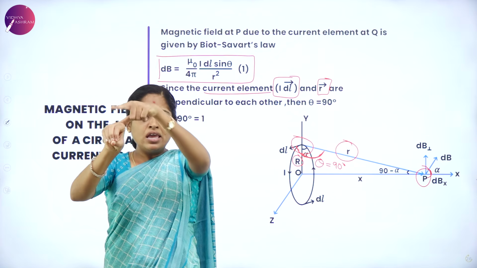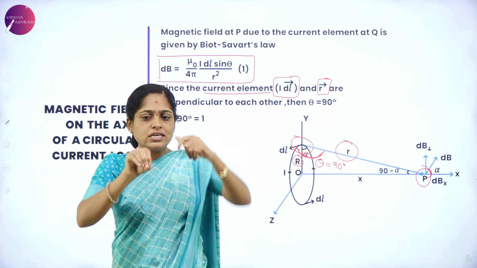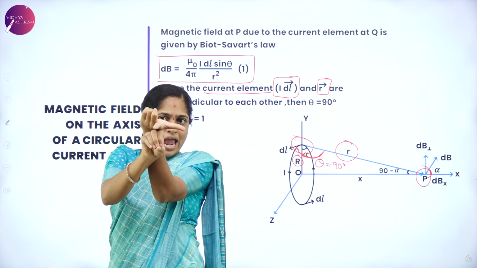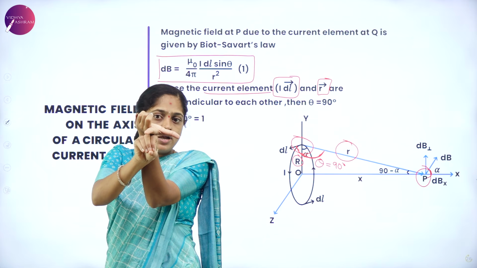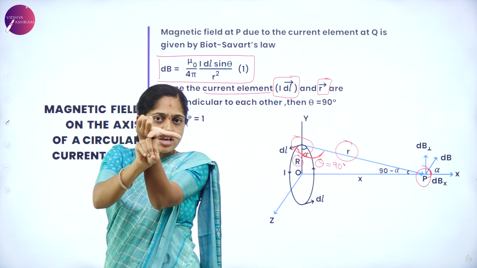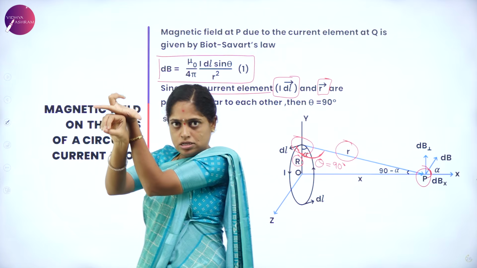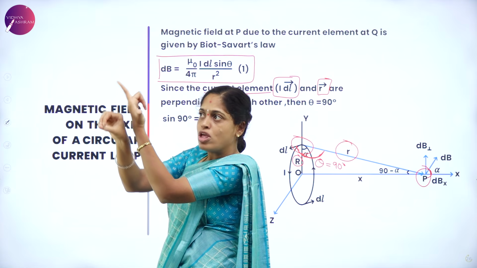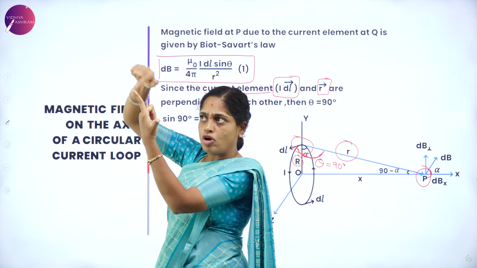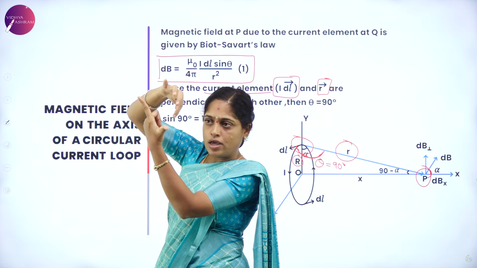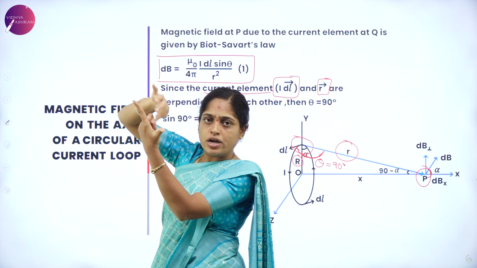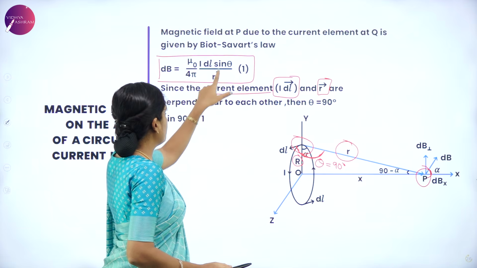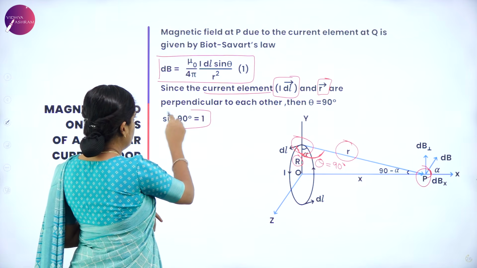The point P lies on the axis, and it is perpendicular to the direction of the current element. Therefore, the angle between the direction of the current element and the point where we are finding the magnetic field is 90 degree. So, sine 90 value is 1.